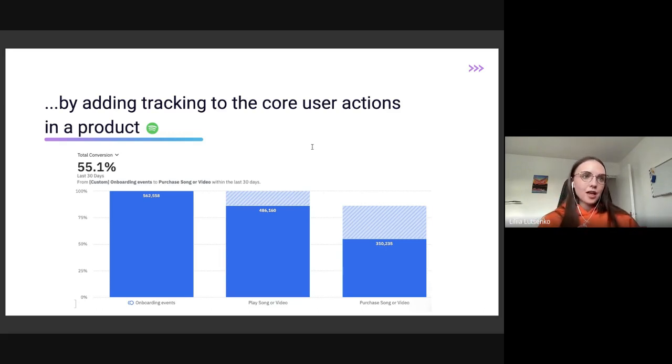So we can add tracking to those actions whenever a user clicks something, clicks continue, for example, or clicks exit the screen. We can log any action and then build a conversion funnel. Where to build that, I'll cover a little bit later, but this basic tracking, independently of the tool, can help you analyze how many users actually get to the purchase, in case your purchase is located in the product.